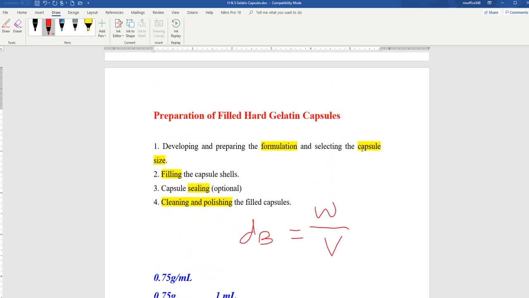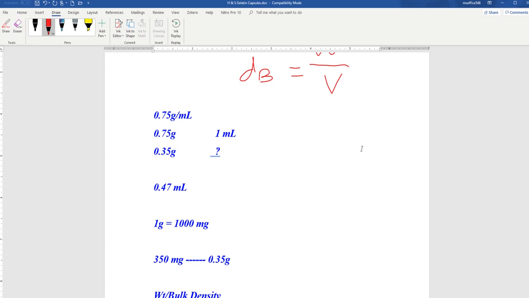The other way to do it is to take all your formulation. For example, let's say in my formulation I want to fill 200 capsules. So I prepare the formulation of drug and excipients. I want to fill them inside 200 capsules. So what do I do? The way is not difficult.